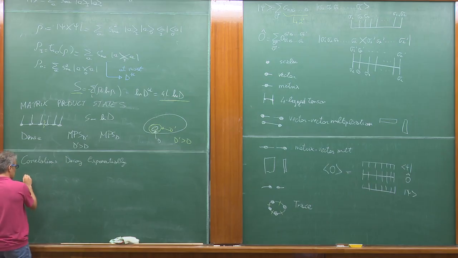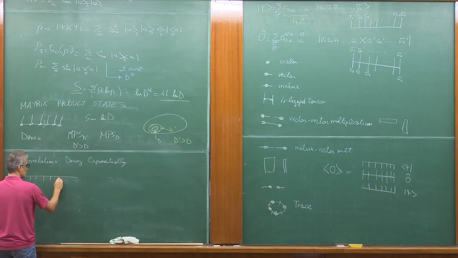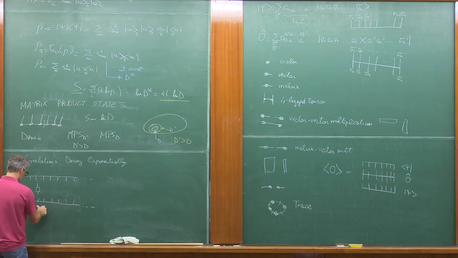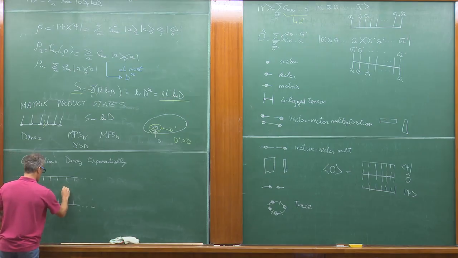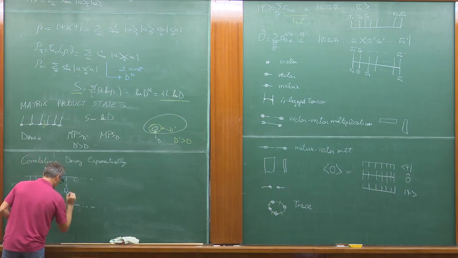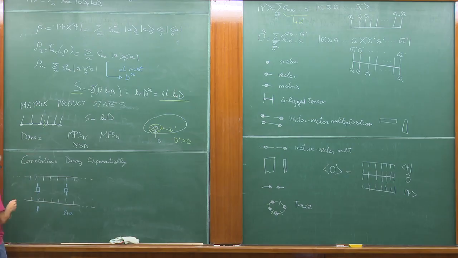Let's say we have an infinite state, just to make things a bit easier. Infinite MPS. And now let's say I have some operator here at position L, and then some operator here at position L plus R, and then identities everywhere else.